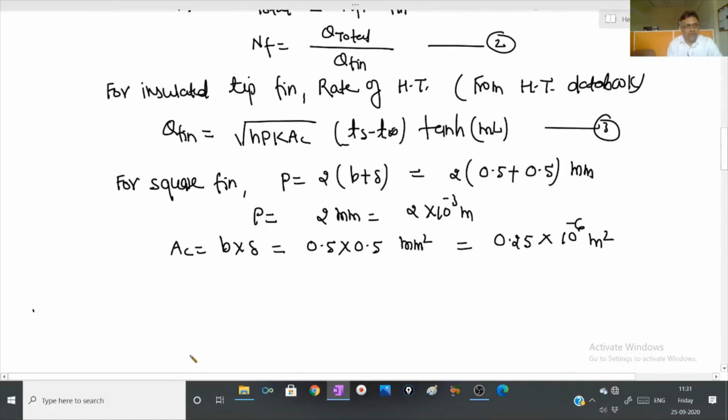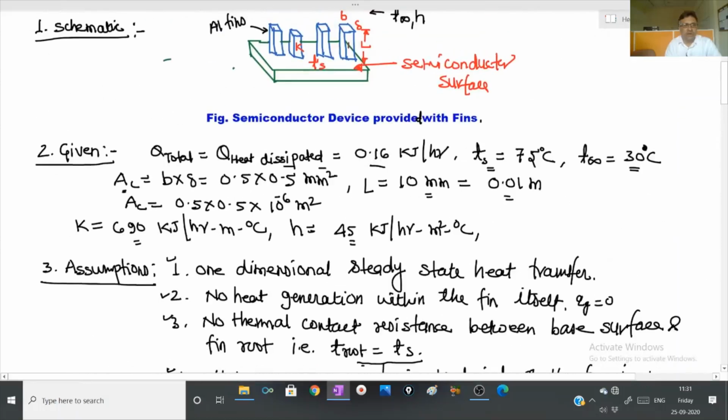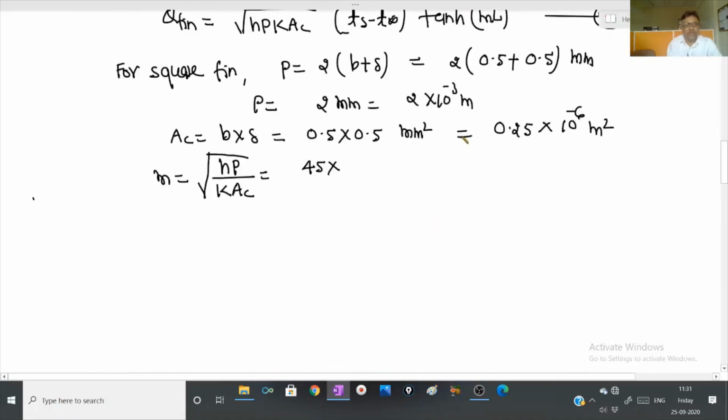And the value of m, that is fin constant, is square root of hP over k Ac. Value of h is 45, we can check. Value of h is 45, k is 690. Perimeter is 2 into 10 to power minus 3, over the value of k, and cross sectional area is 0.25 into 10 to power minus 6.